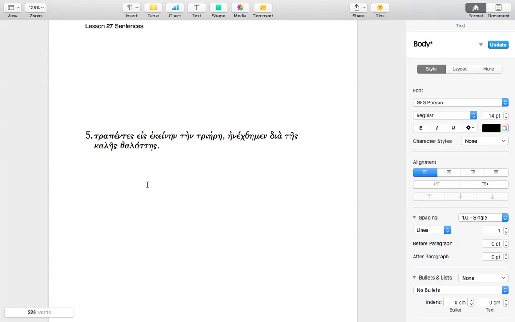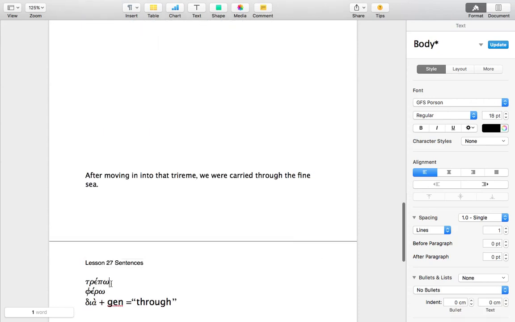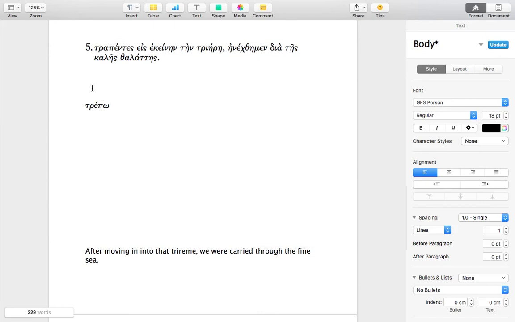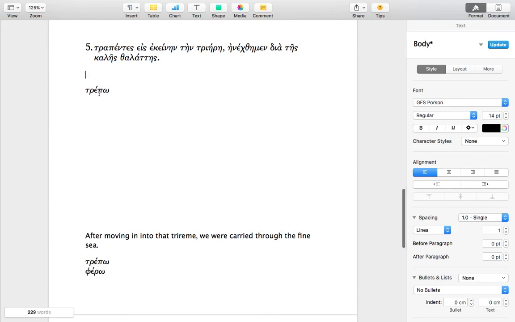This one's a bit tricky for a couple of reasons. First reason, trapentes comes from, I have it down here, trepō. Notice the stem change, trap from trep. It's a second aorist passive participle.